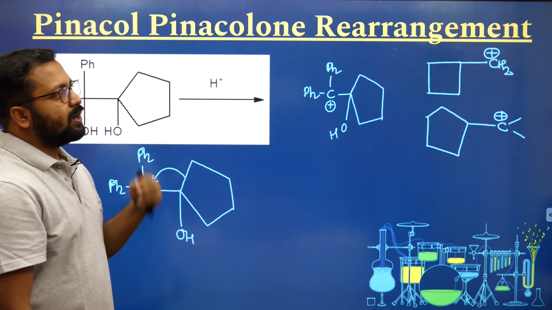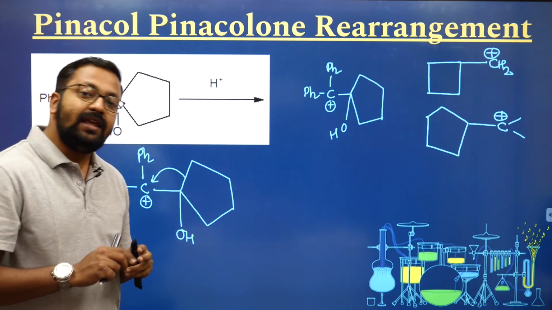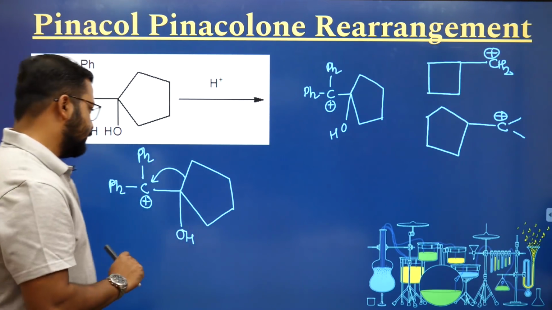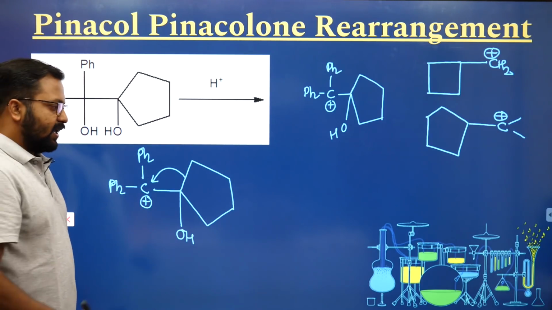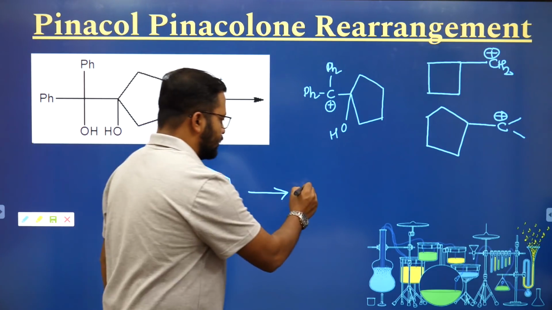A 3-membered ring with a positive charge attached to it will not expand because it's a highly stable carbocation. So this will expand, and after expansion you will get something like this.